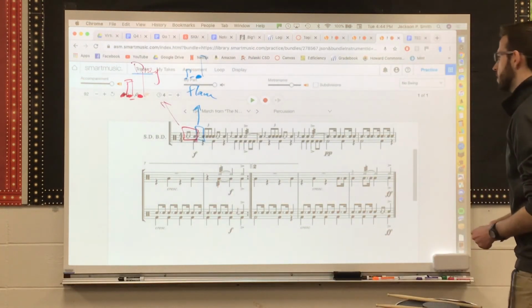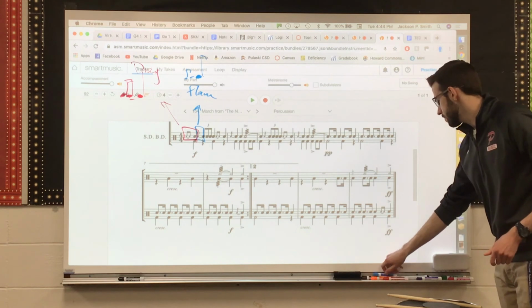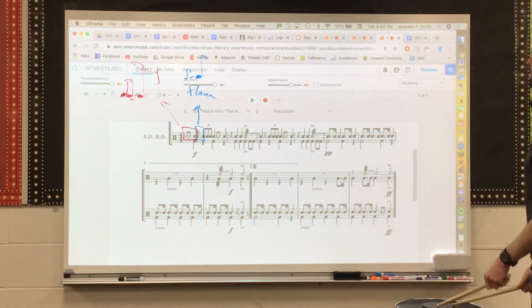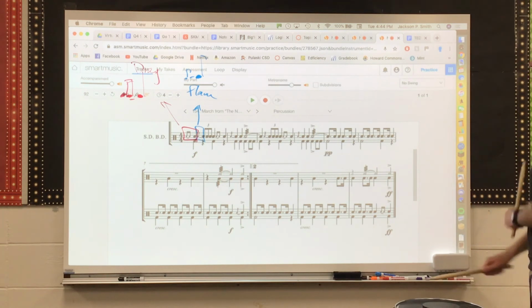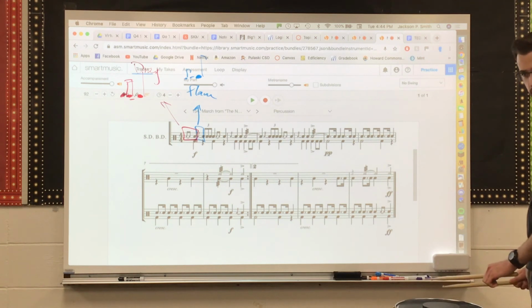And then let's see, do they want a nine-stroke roll here? Thirteen-stroke, I believe. 1, 2, 3, 4, 5, 6, 7. So if you double that, minus 1 is 13. 1, 2, 3, 4, 5, 6, 7.